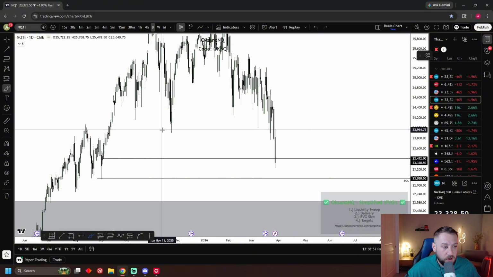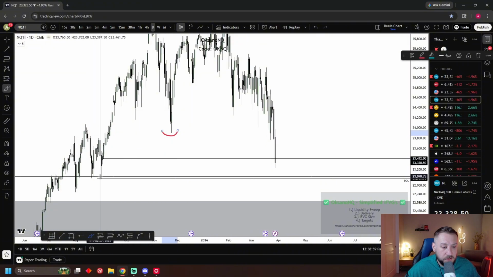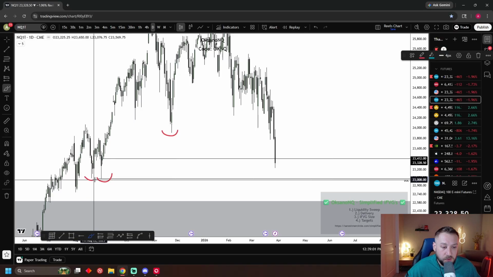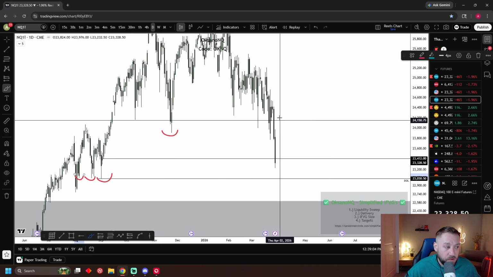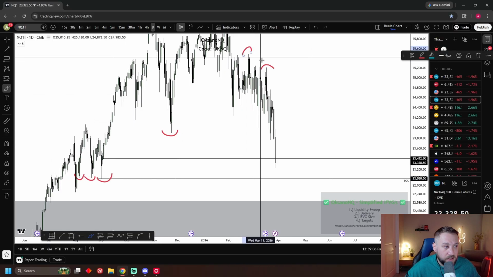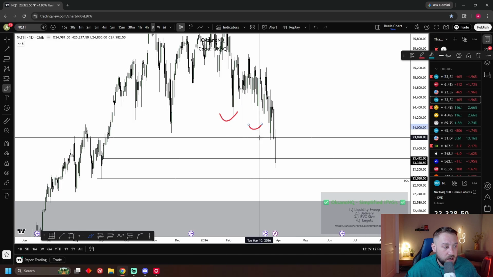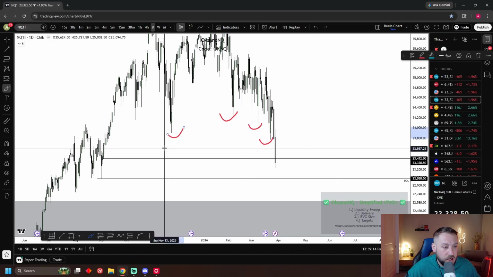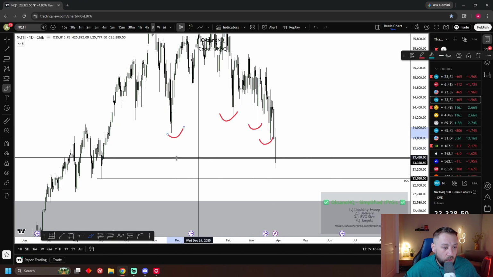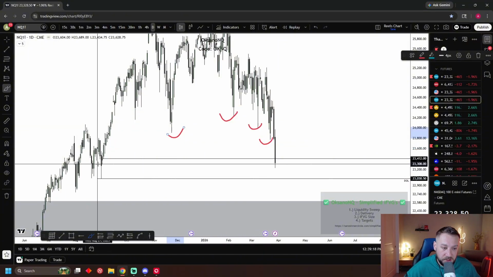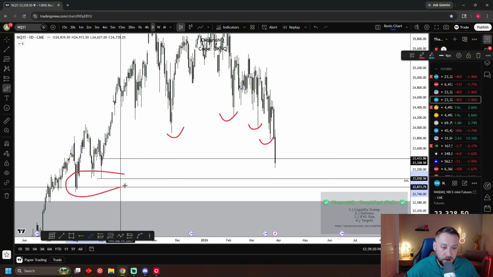So old swing lows like this, right? Because what do we always say? People, when we take buy side, are getting stopped out. So when I look at this chart and I see this low is gone, this low is gone, this low is gone, this low is gone, I can't do anything else besides think we're going for here.